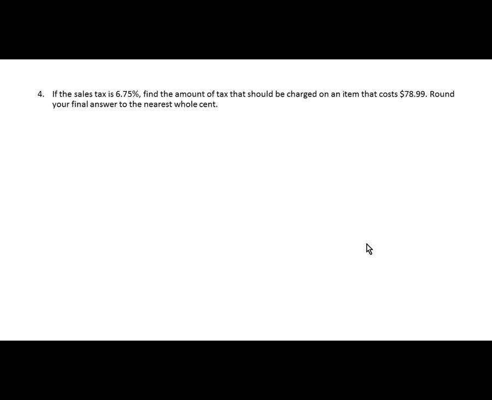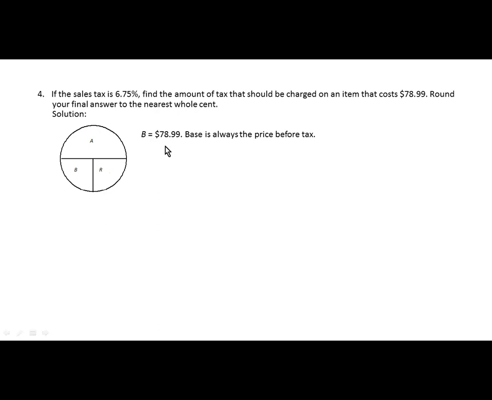Number 4. If the sales tax is 6.75%, find the amount of tax that should be charged on an item that costs $78.99. Round your final answer to the nearest whole cent. Okay, we're just looking for the tax. So for our solution, there's our basic percent circle. The B is 78.99.